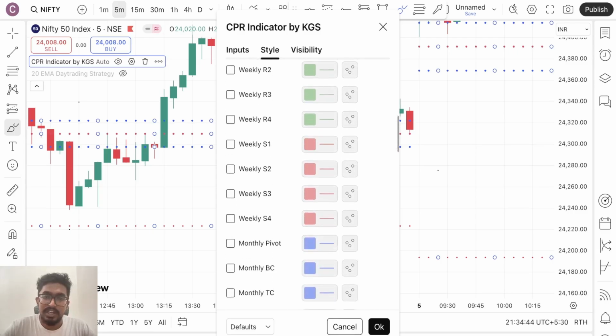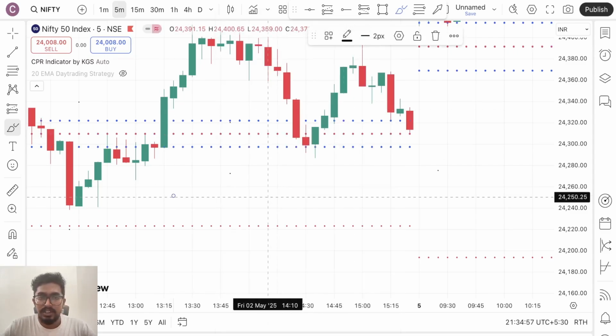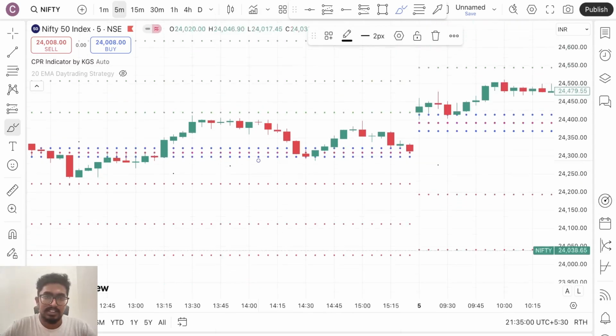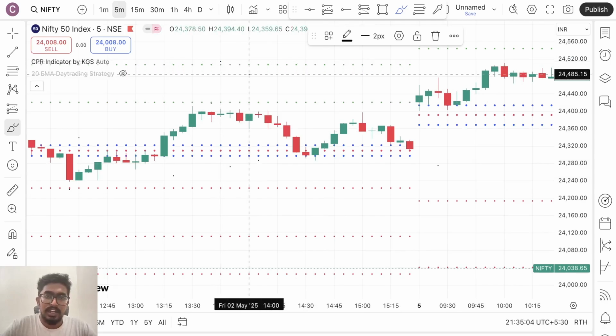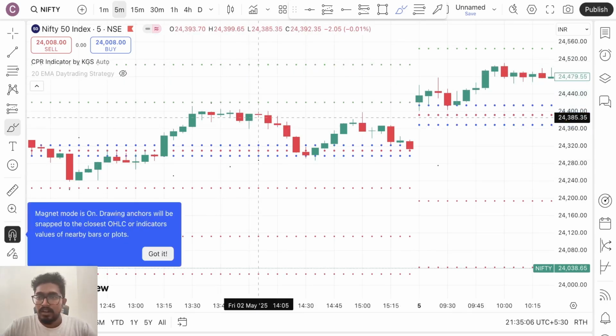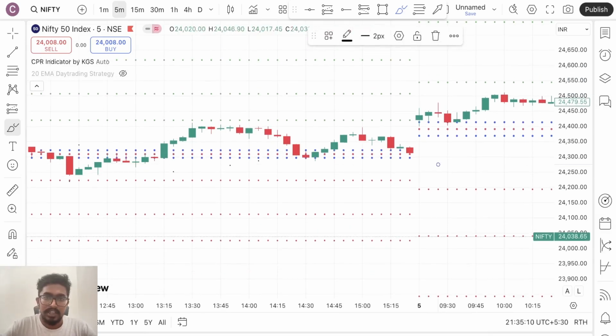These are the pivot ranges, and here you can see R1, R2, R3, which are the resistance, and S1, S2, S3 are the support. Here you can easily see this green section, R1, R2, R3, and S1, S2, S3.